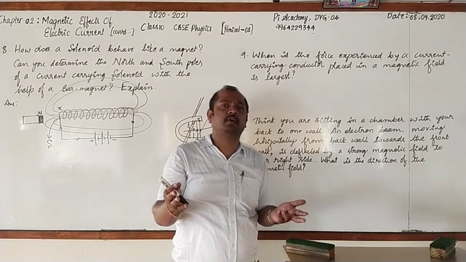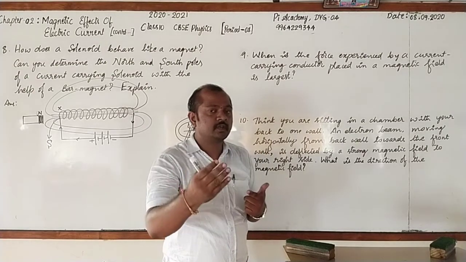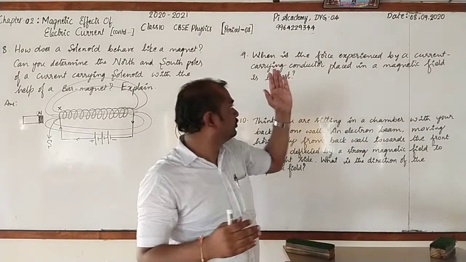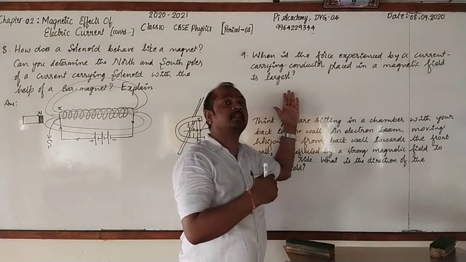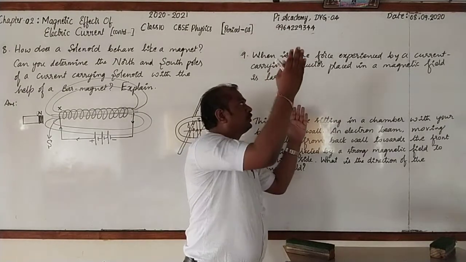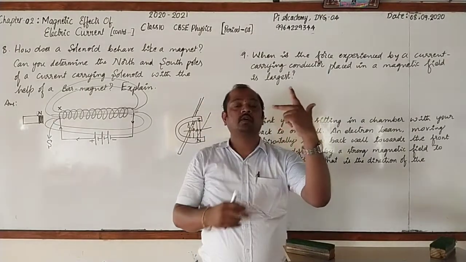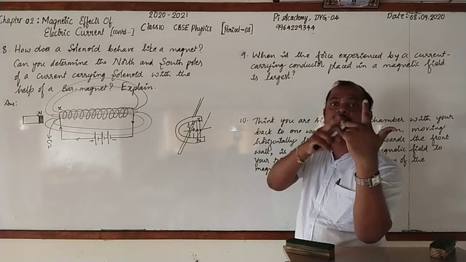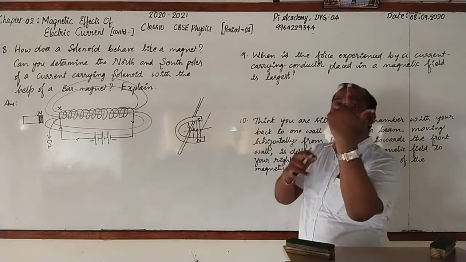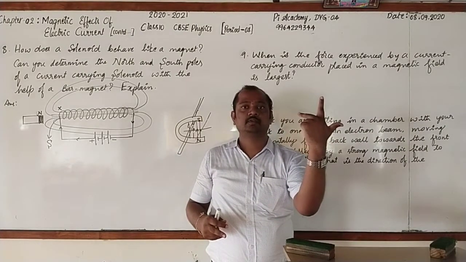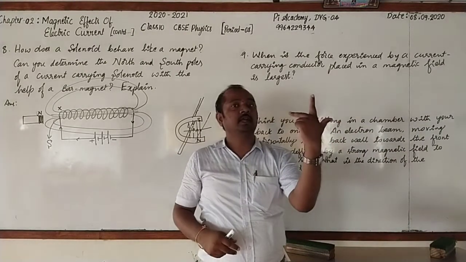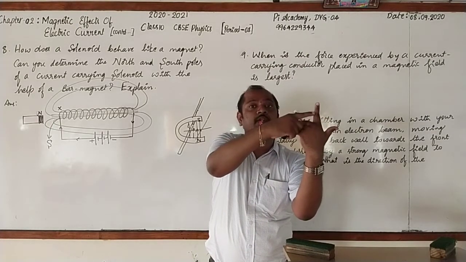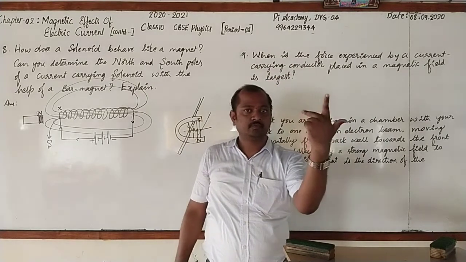But the whole world is following conventional current, which is opposite to the direction of flow of electron. The electrons are moving from this wall to that wall. Then what is the direction of the current? From that front wall to this back wall. According to Fleming's left hand rule, the middle finger indicates the direction of current. See that this is the direction of current. Then what is the direction of the magnetic field? Direction of magnetic field is here, the forefinger. It will be upward. Followed?